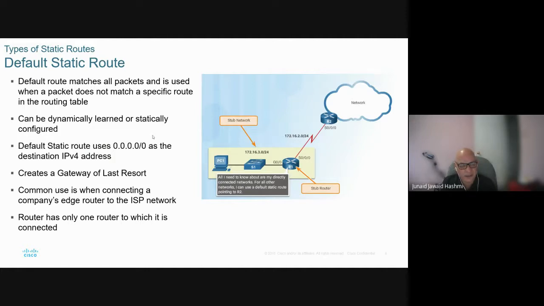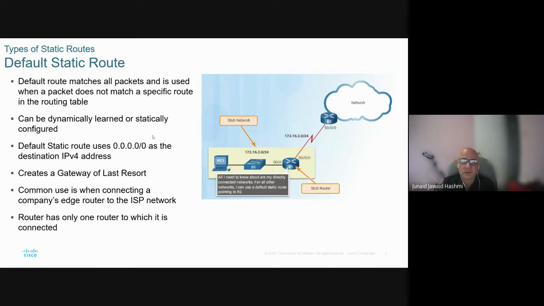Where this network is located. Now, is it possible to add all the networks in the world in one routing table? No, it's not possible. For example, your router at home does not have the entries of all the networks in the world. Okay, so how do you access the internet?